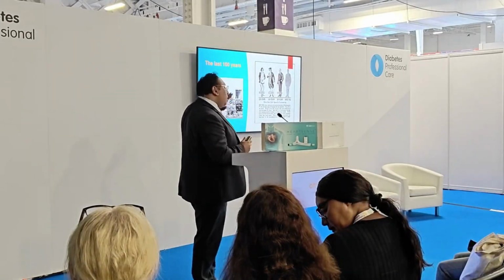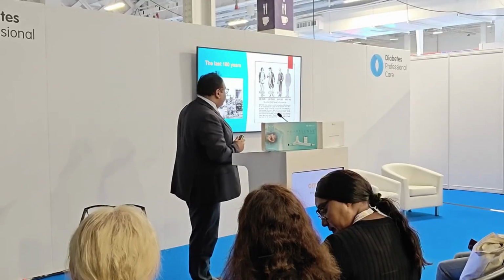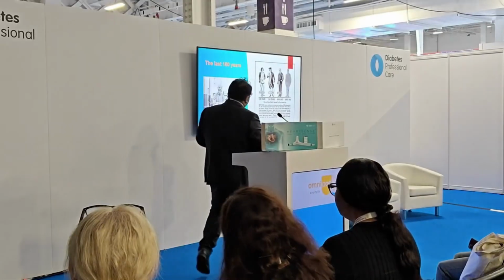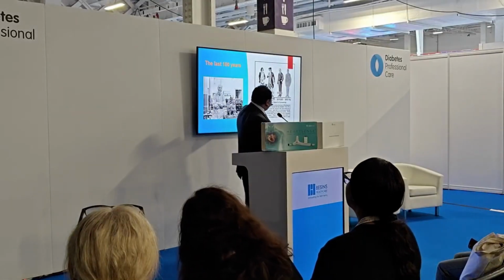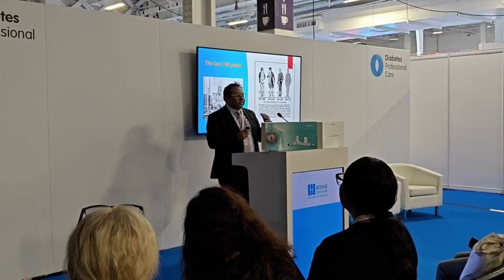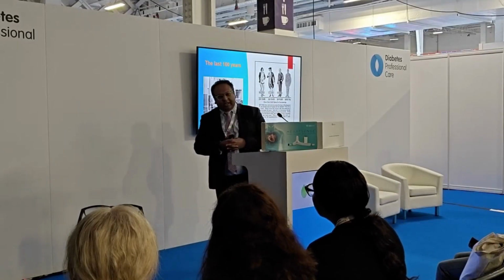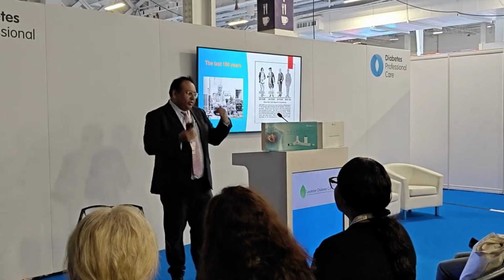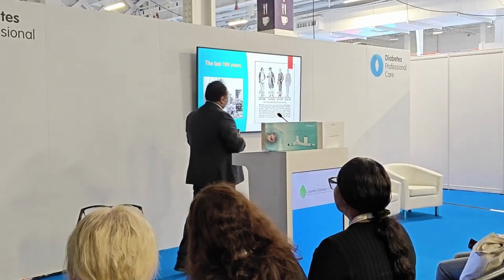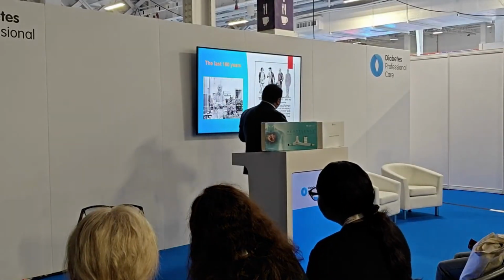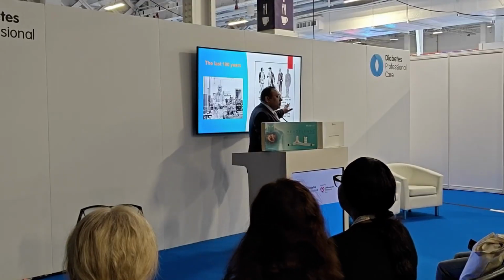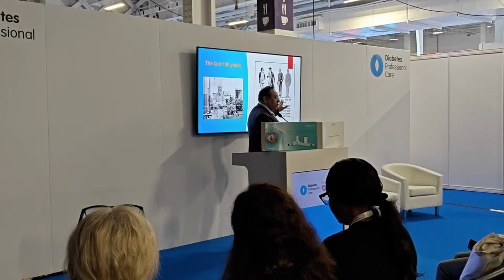So, if we went back 100 years ago, this is in 1925, what the spectrum of healthcare was like. And if you look back, we're doing the same thing to what was done by our predecessors. In 1925, the average age in the United Kingdom was 58 years old.